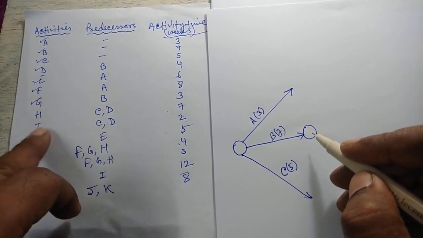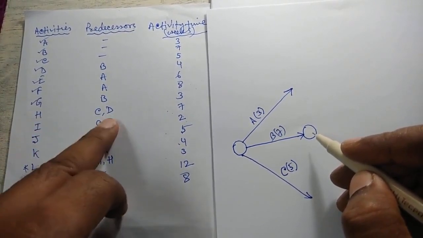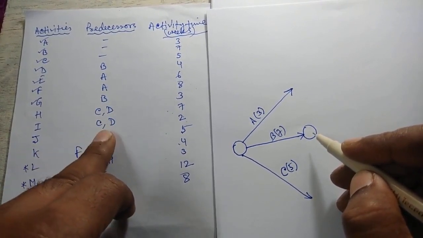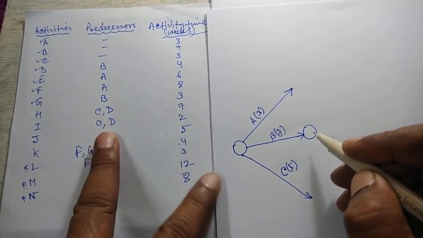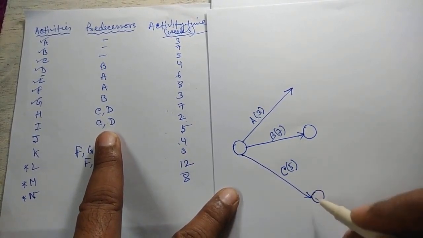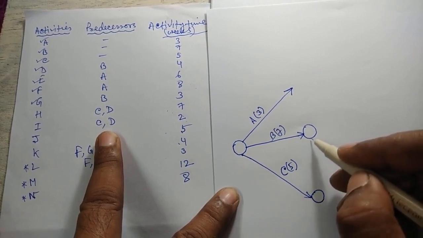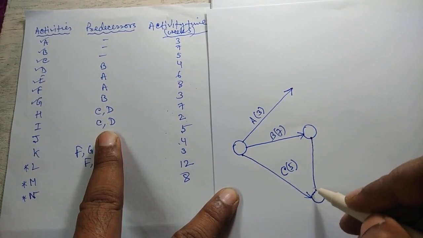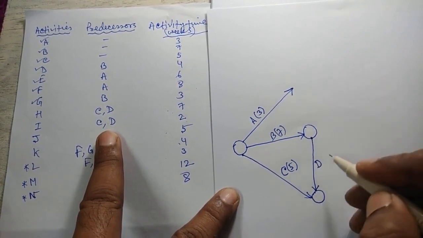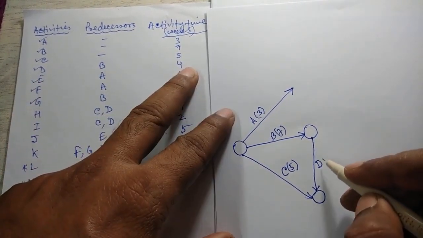Now see, for H and I, C and D both are predecessors. So C and D should meet at a single node. So here, the ending node for C activity is this, and D activity will start from this node and will meet at this node. This is D activity, and the time is 4 weeks.